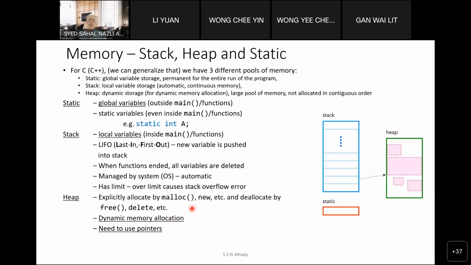It depends on how you declare it and how you allocate the variables, and it is not contiguous. It can be anywhere, scattered in the memory. It's considered a large, normally huge space of memory. It depends on what kind of data type you use.